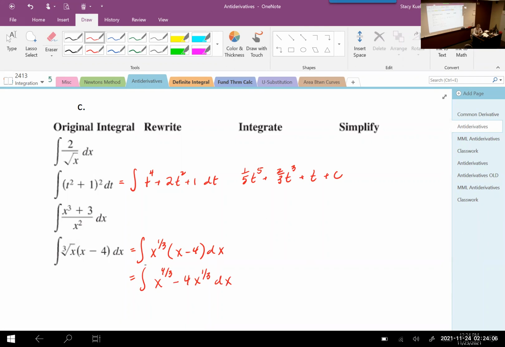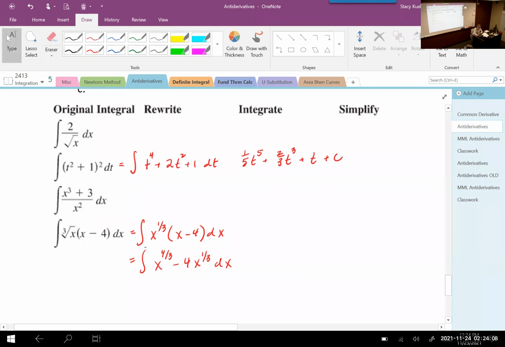Now let's take the integral. So this is going to be 4/3 plus 1 is what? 7/3. So this is x to the 7/3 over 7/3 minus 4 times, what's 1/3 plus 1? 4/3.